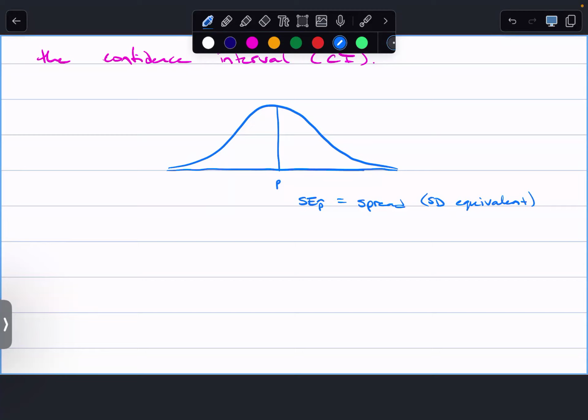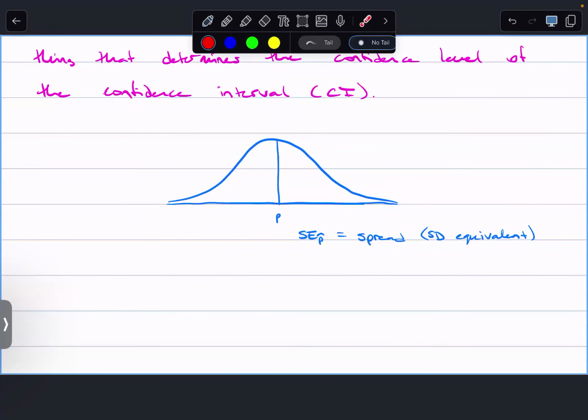So if we think back, okay, I've got a normal distribution, that's nice. And we've also got things like the empirical rule, so the 68, 95, 99.7 rule that says, okay, if I move out 2 standard deviations or standard errors, then I've captured the central 95% of the curve.